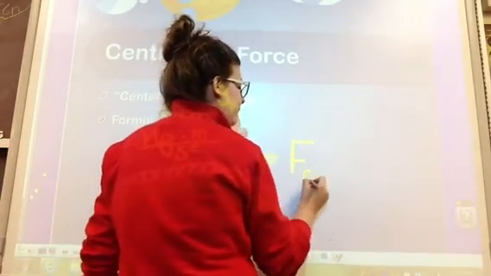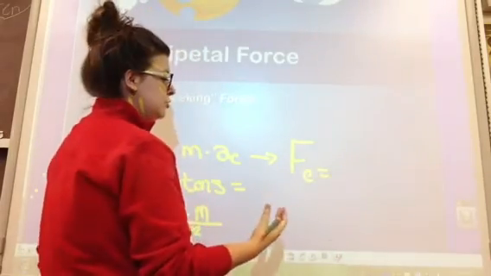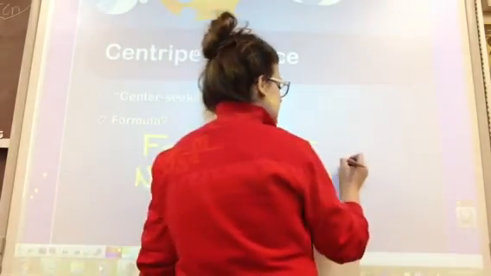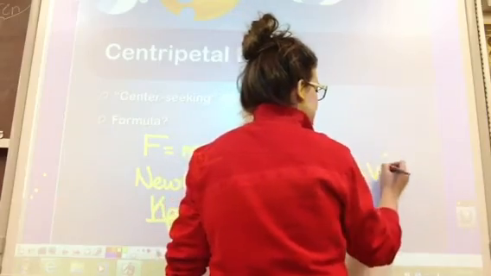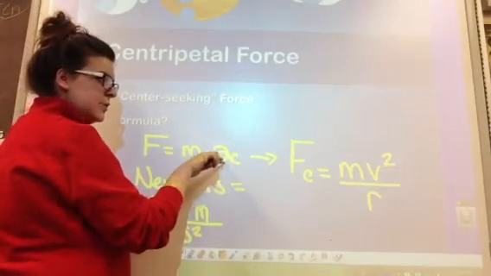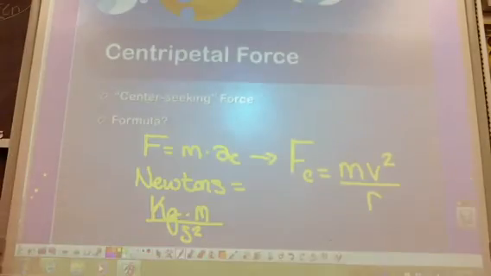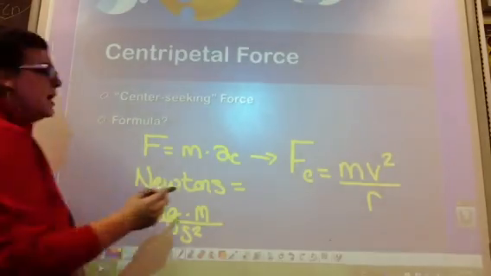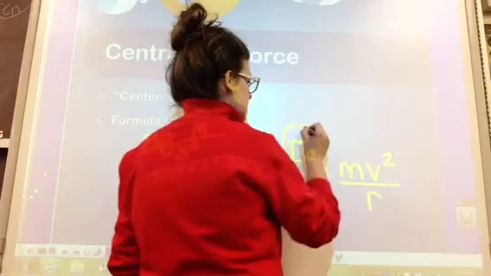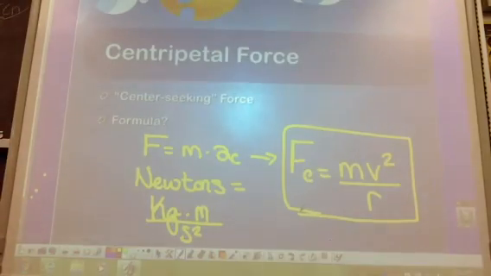So centripetal force, which I'm going to denote with C since I'm speaking about centripetal force, is going to be mass times my velocity squared over r. Because we just derived that AC, my centripetal acceleration, is equivalent to v squared over r. So this would be my centripetal force formula.